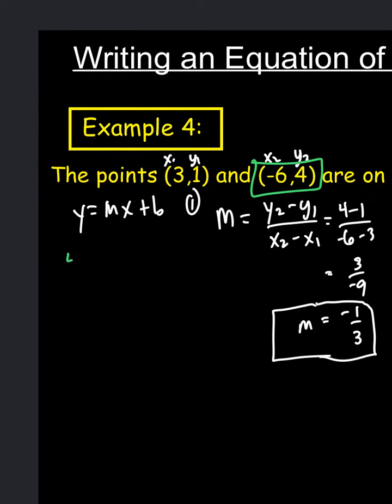So I'm going to put 4 in for y. I know the slope is negative 1/3, and I'm going to put negative 6 in for x. And like I said, you could have chosen 3, 1 for x and y, and that would have given you the same answer. So negative 1/3 times negative 6 would be 6 thirds, which is 2.